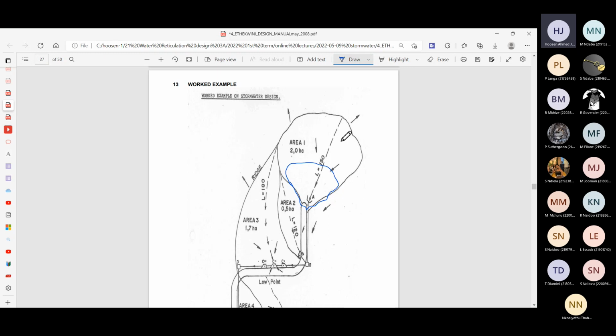So any stormwater that falls, for example, down there, is going to find its way down and pass through your developed area like that.